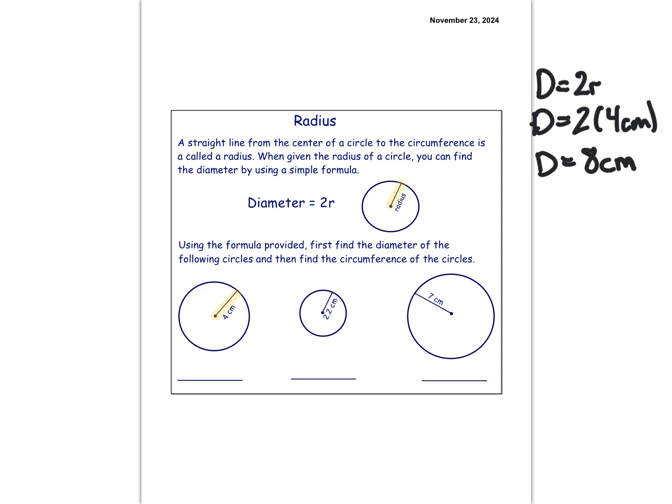So I would then extend this and say the red all the way across is going to be 8 centimeters, because now I know what to use.